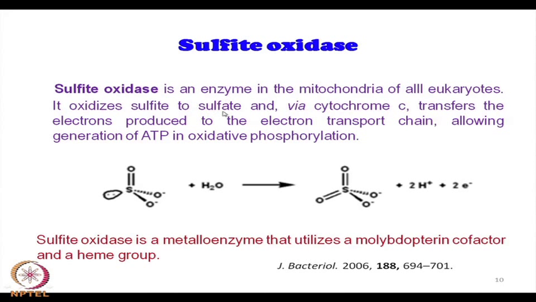We all know that cytochrome C oxidase is present in the cytochrome C electron transfer chain. At some point we require 2 electrons to activate the molybdenum center, and that activation is useful for the oxidation of sulfite to sulfate.